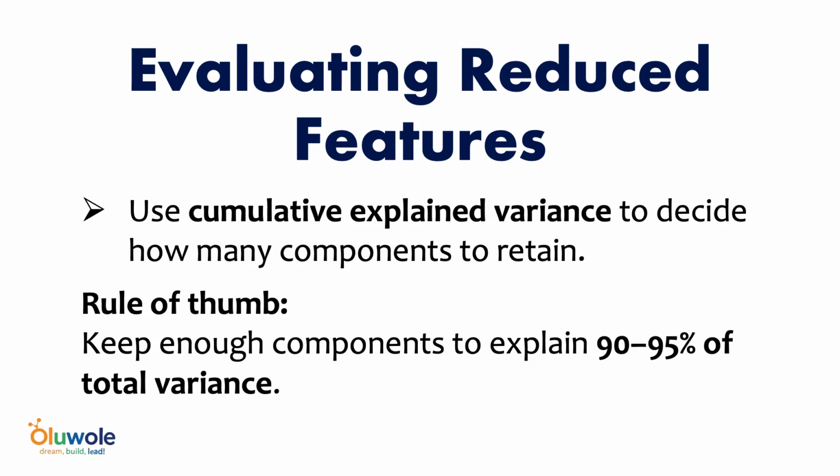Yes, if we are doing that traditionally, which is a rule of thumb, it says we keep enough components to explain 90 to 95% of your total variance. Just like the way I will give it to you now to do your medical analysis and insight. So we are just evaluating based on this which ones we can reduce using our 90 to 95%.